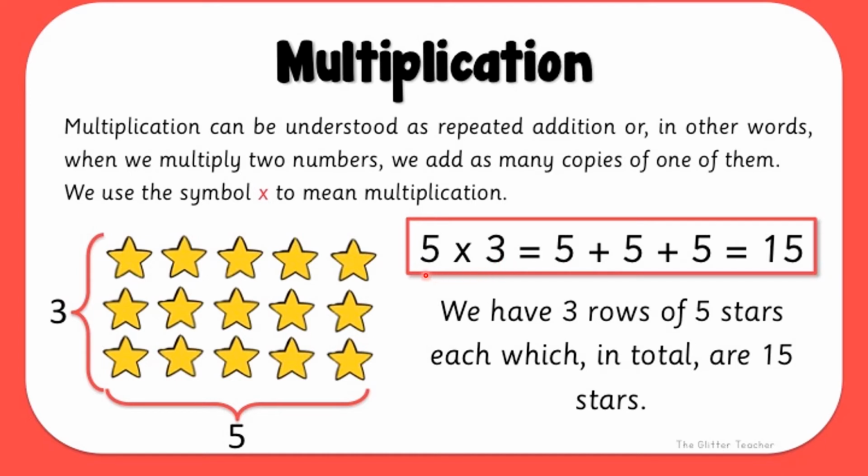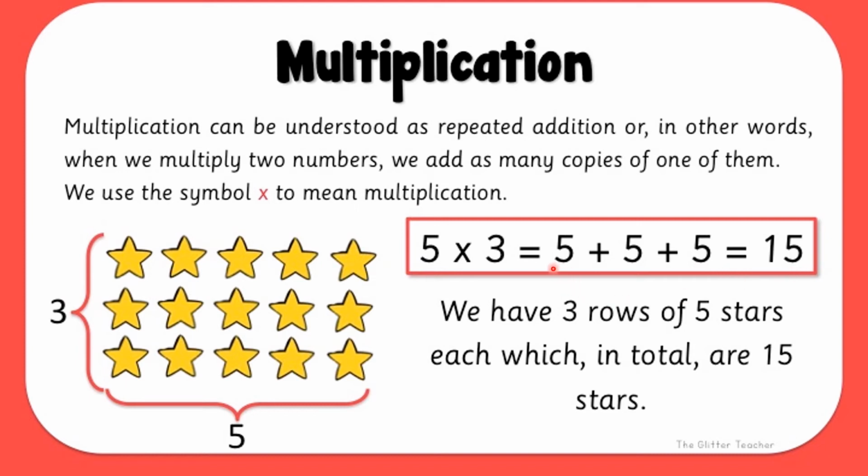It will give you the same answer, because 3 is the number of stars that she collects every day and she collects it for 5 days. The other method that we learned is by adding it those number of times. As she collects 3 stars for 5 days, you can write it as 3 added 5 times, or 5 added 3 times, like 5 plus 5 plus 5, which is equal to 15.